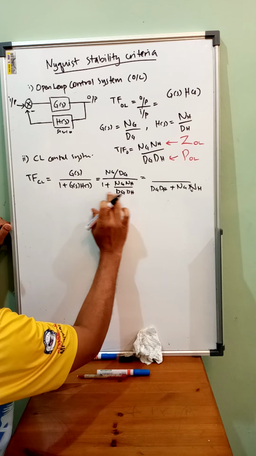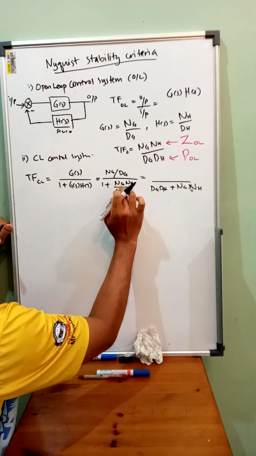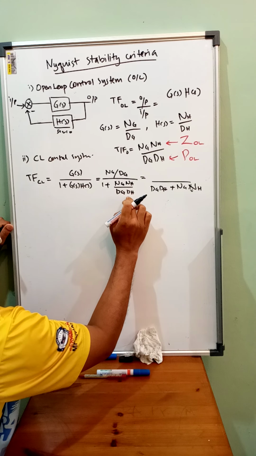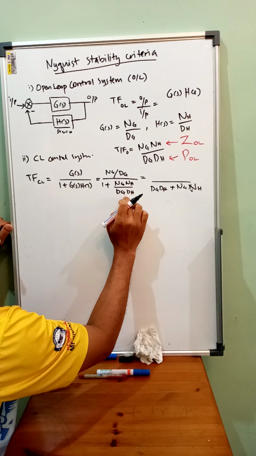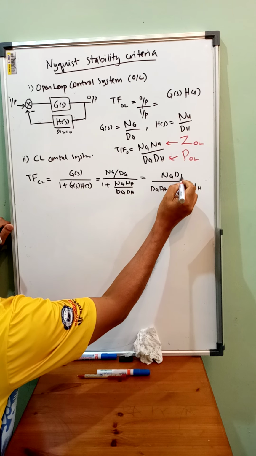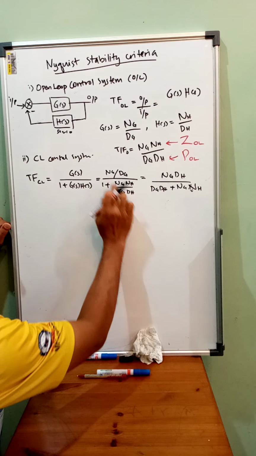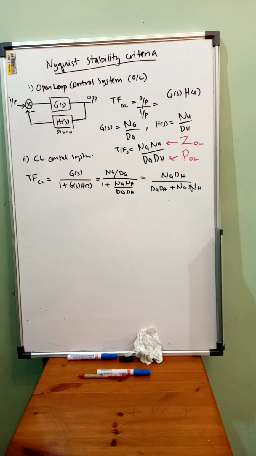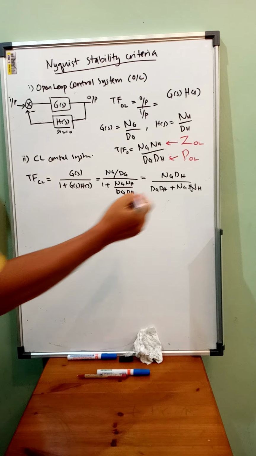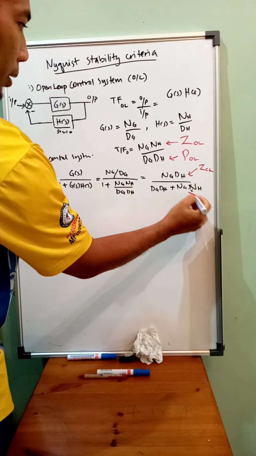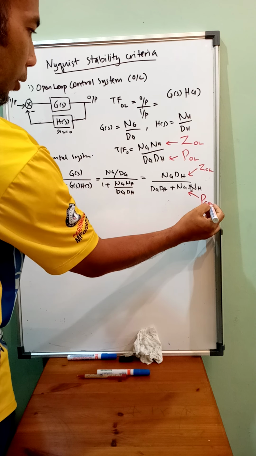The dG cancels. This one is the zero for the closed loop, and this one is the pole for the closed loop.